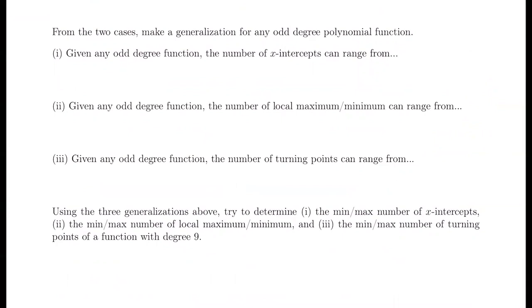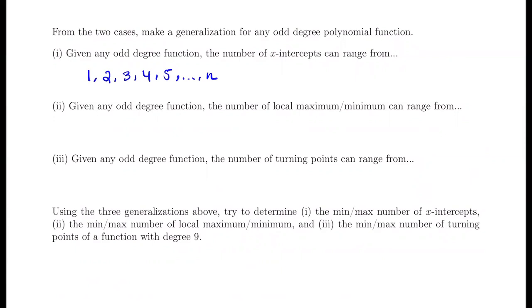So the number of x-intercepts can range from 1, for example, if we take the linear function, and it could also go from 2 to 3 to 4 to 5, and so on, all the way to n x-intercepts. But we can't have n plus 1 x-intercepts.